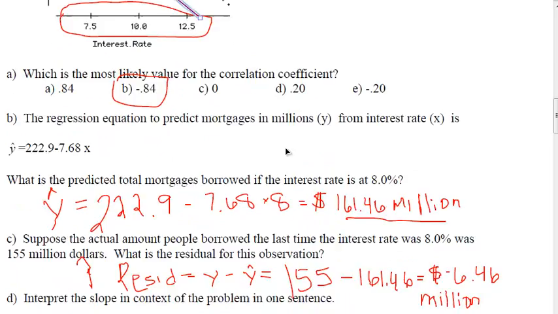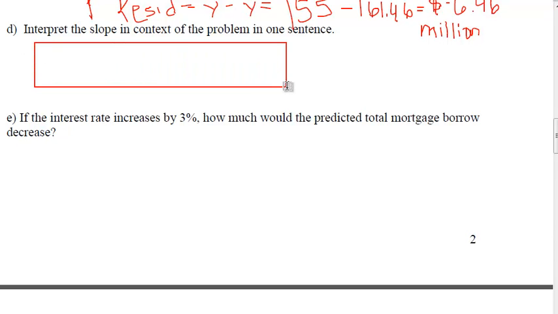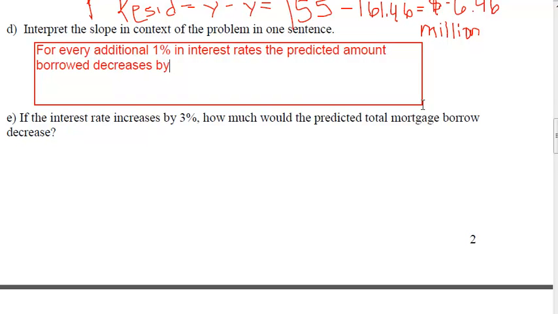So I can come down here and write that out as a sentence. For every additional 1% in interest rate, the predicted amount borrowed decreases by 7.68 million.